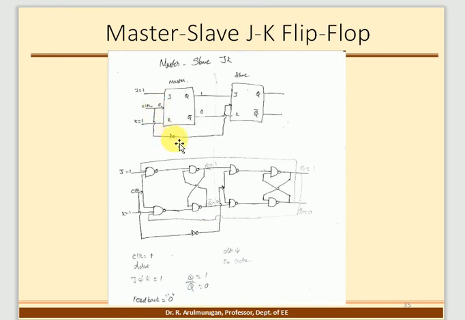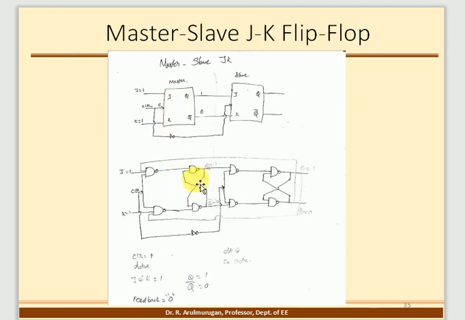Using a NAND gate, you give the clock signal to the second flip-flop's clock input. So whenever this clock is 1, that clock is 0, and whenever this clock is 0, that clock is 1. Then the first flip-flop's Q bar output is fed to the second flip-flop's input. So this is the master slave method.